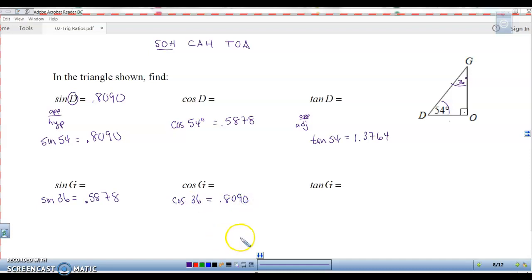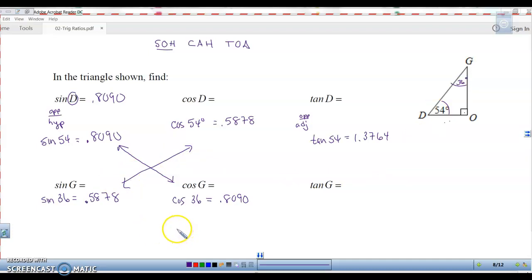Do you notice something interesting here? The sine of one angle is the same as the cosine of the other acute angle. And that makes sense because if this one is adjacent here, it would be opposite to this one, and they're both hypotenuse. So the sine of one is equal to the cosine of the other angle.